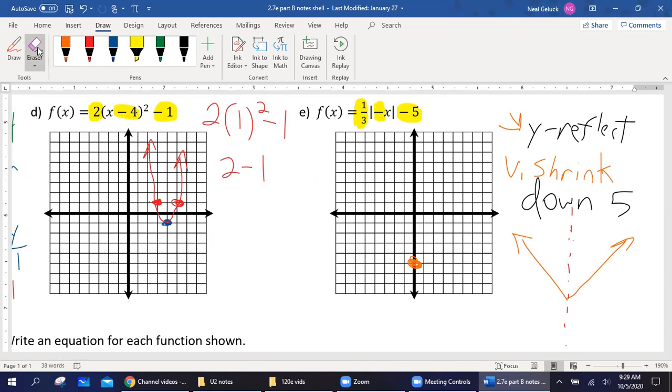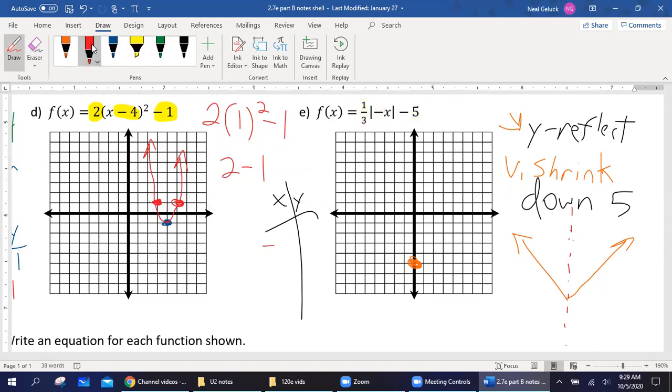So again, it's a very good idea to make a table of values. Now, my x is 0 for my starting point, the one I already graphed. But I don't want to just pick -1 and 1 because I know I'm going to be multiplying it by 1/3.